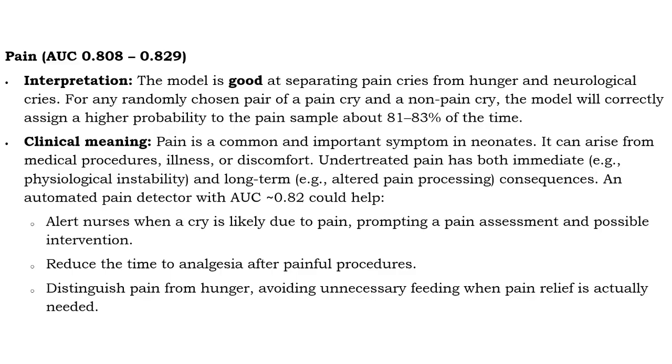Undertreated pain has both immediate physiological instability and long-term altered pain processing consequences. An automated pain detector with AUC of 82% could help alert nurses, reduce time to analgesia or unnecessary painful procedures, and of course distinguish pain from hunger, avoiding unnecessary feeding when pain relief is actually needed.